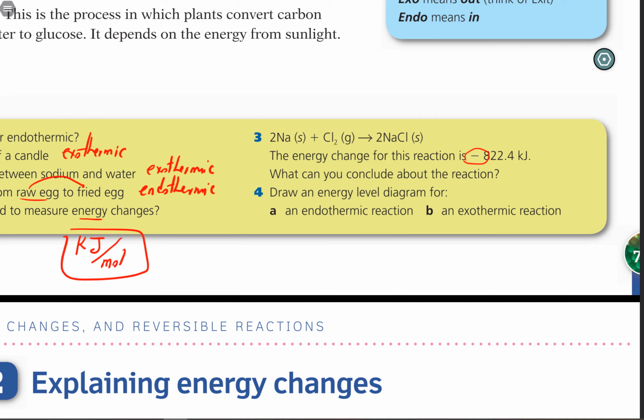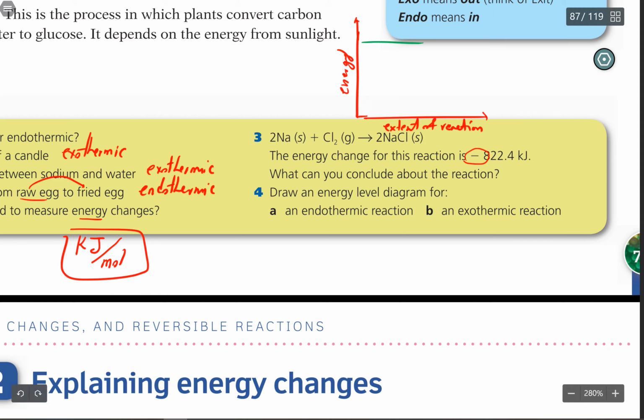Another thing that we can conclude is that the energy level of the sodium chloride, which is the product, is less than the energy level of the reactants, sodium and chlorine gas. I draw the energy level diagram for this reaction. If the energy level of the reactants, 2 sodium and a chlorine molecule, is here, the energy level of the NaCl, the products, is less than that.